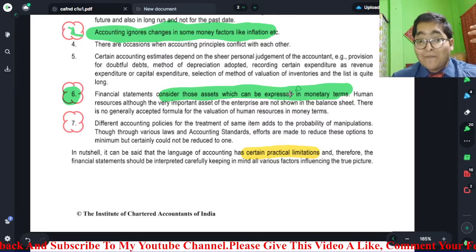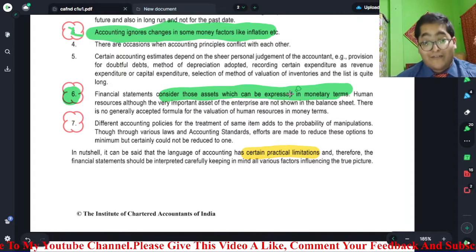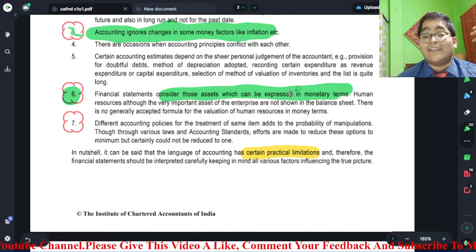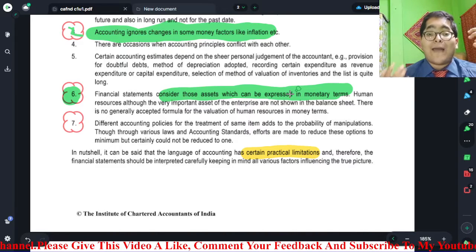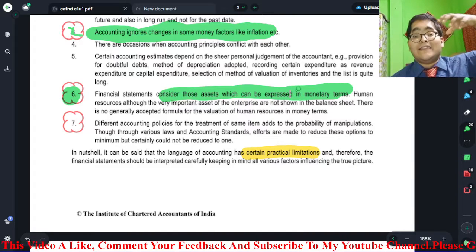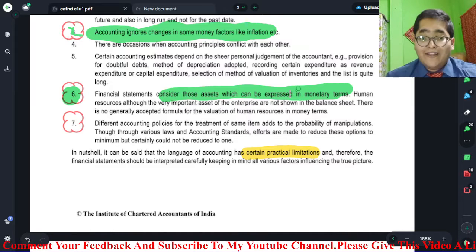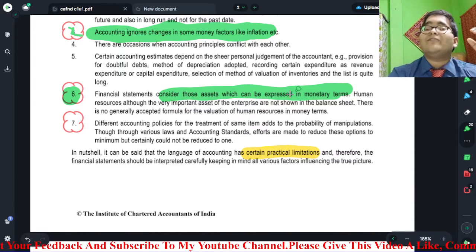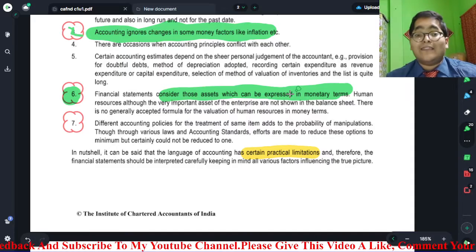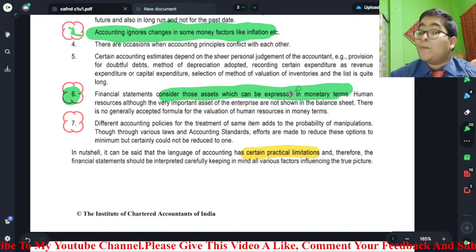He is a very important asset for the company, but he has no monetary value. He has no value backed by finances. That is why the human resource or the manager is not recorded in the books of accounts. If the manager leaves the company, the financial statements would show the company is incurring losses, but why?